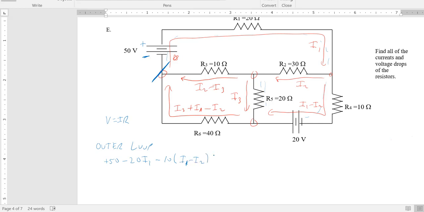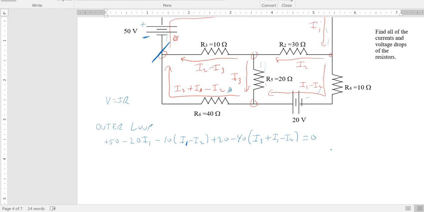Okay, and then we go with this battery, so that's a plus 20. Okay, and then we go with this current here through the 40 ohm resistor, so it's minus 40 times quantity, I3 plus I1 minus I2, and then I'm back to where I started, so this all has to equal 0.